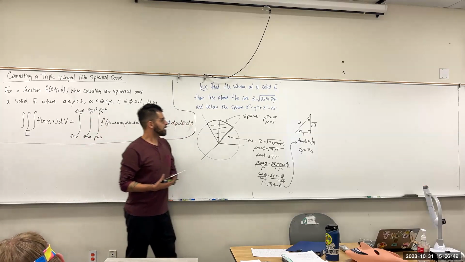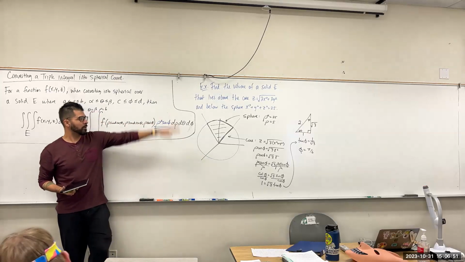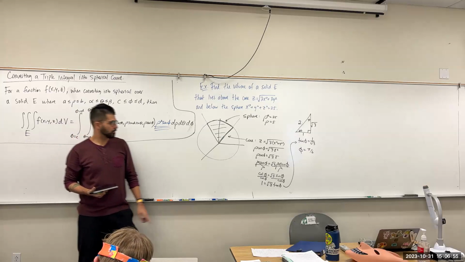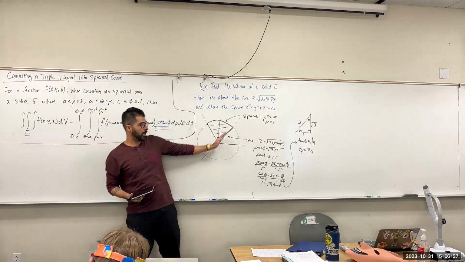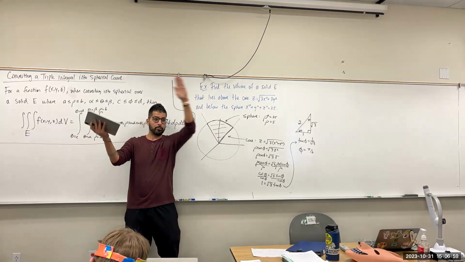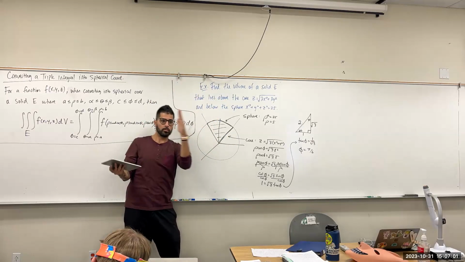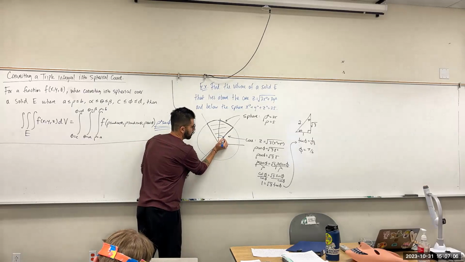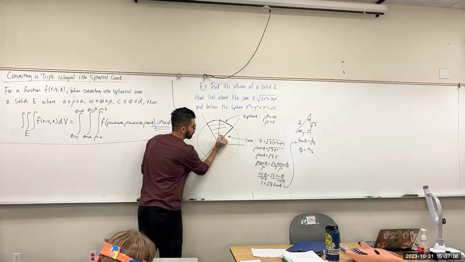What does that mean, guys? What information did that tell us? It tells you the angle that this cone is slanted at in terms of phi. And it tells you that phi rotates down here at pi over 6 radians.